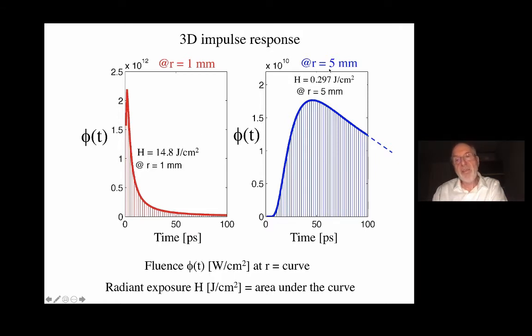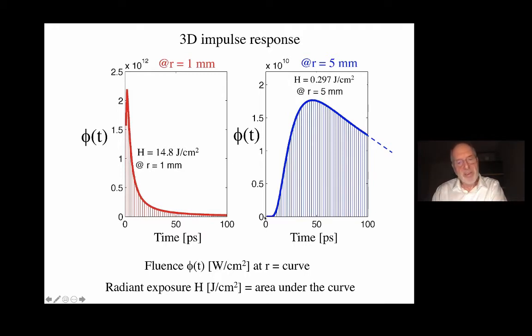Over here, we're at 5 millimeter distance, and it takes about 50 picoseconds for the light to reach a peak at that position. The value of the light, this axis is 100 times less than this, so this is much lower. The area under this curve, going all the way out to infinity, is 0.29 joules per centimeter squared, about 50-fold less.